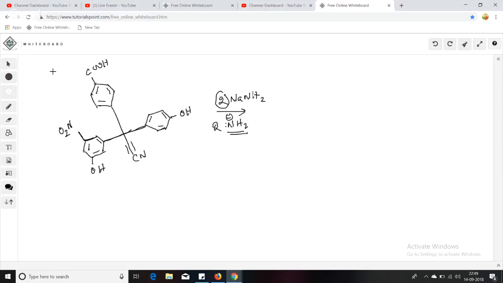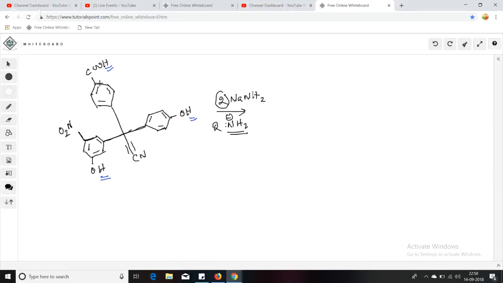And how many H plus can it give? This H plus is the acidic hydrogen, and this is the acidic hydrogen. So out of these three, only 2H plus can come out. Correct? So now we have to find out which H plus can come out in this reaction.